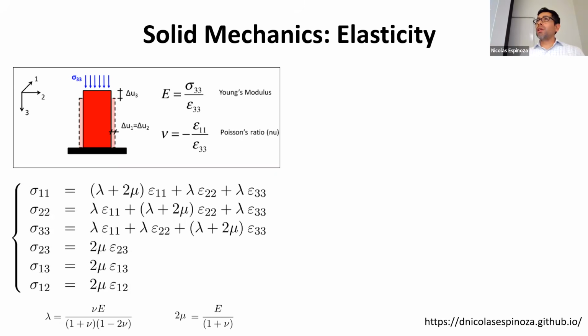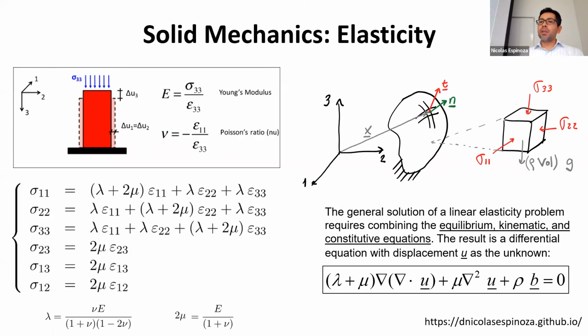If you want to solve the general problem of continuum mechanics, you need to add to this what are called the equilibrium equations and the kinematic equations that relate displacement and strains. You put that together with your constitutive equation, which is the one I have on the left, and you get this equation, which is a differential equation called the Navier equation.